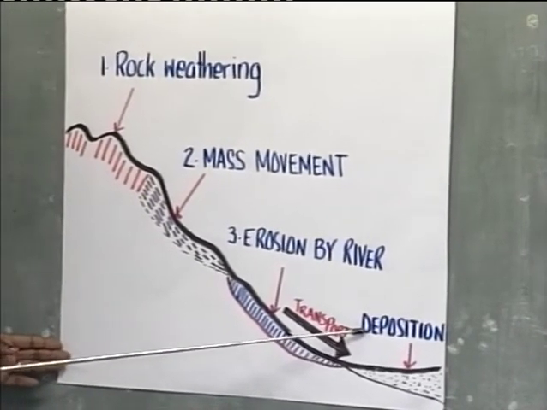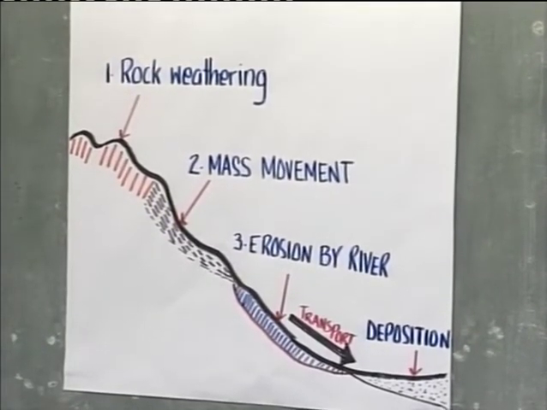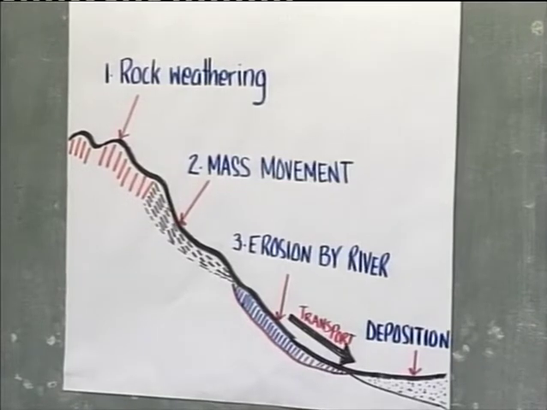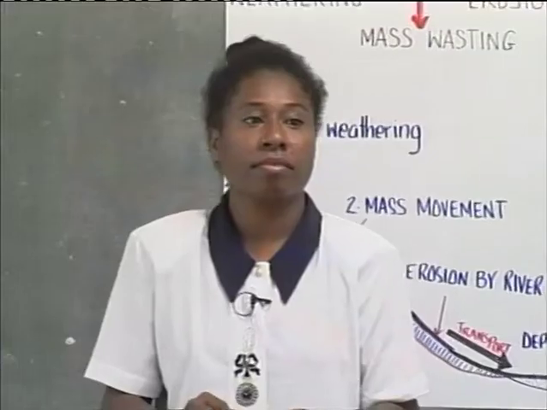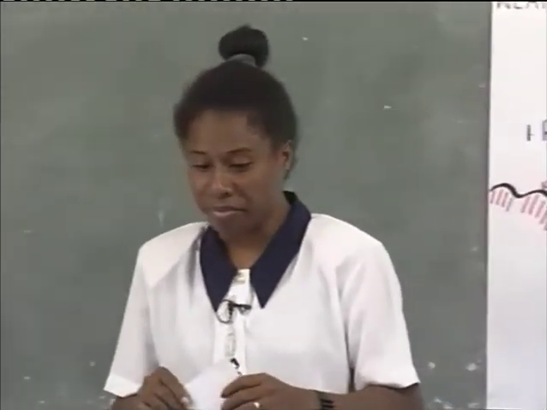We'll double check now on what we have covered in the introduction quickly. Can someone explain to us what you understand by the word denudation, or what is denudation? Noel, what is denudation?